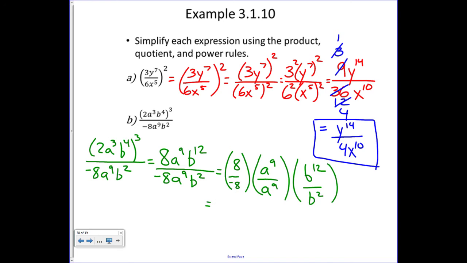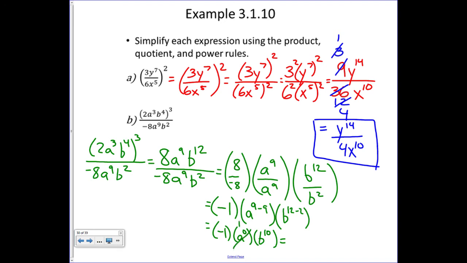Well, 8 divided by negative 8 is negative 1. A to the 9th divided by a to the 9th, that's a to the 9 minus 9. And then b to the 12 minus 2, which is negative 1, a to the 0, and b to the 10th. Well, we know that anything raised to the 0 power is 1.